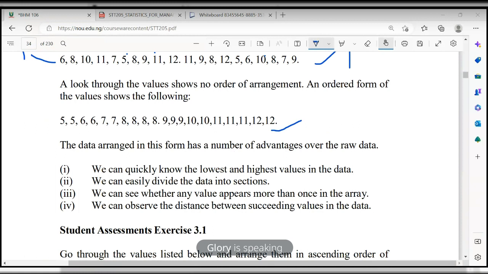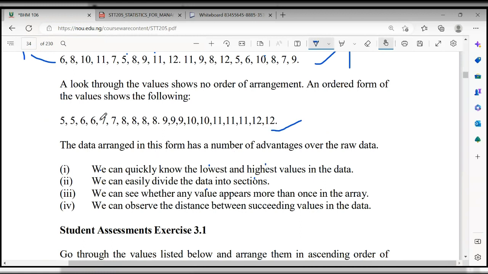Two, we can easily divide data into sections. Three, we can see whether any value appears more than once in the array. Four, we can observe the distance between succeeding values in the data.